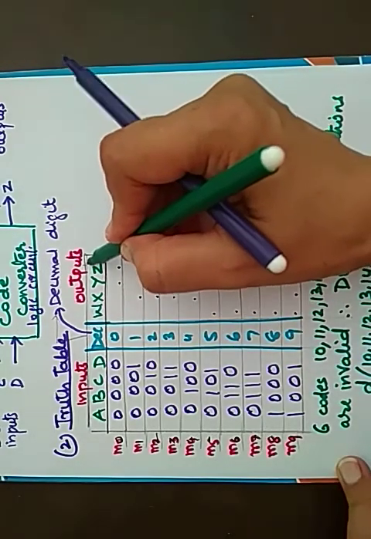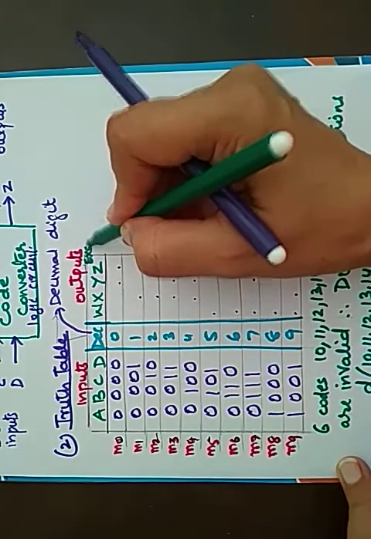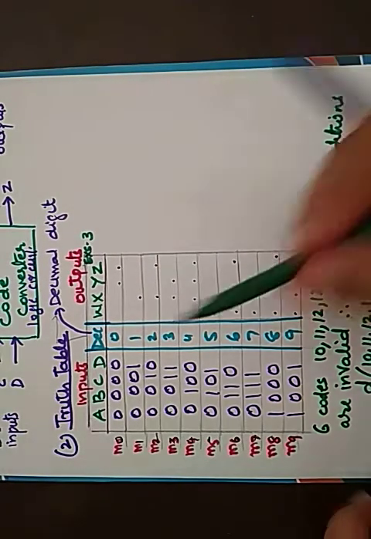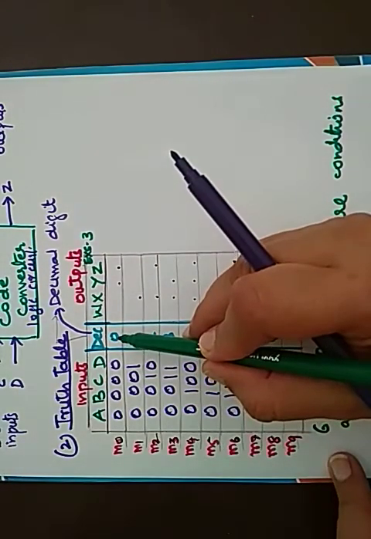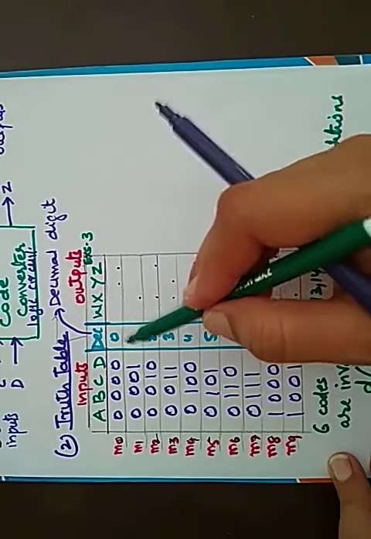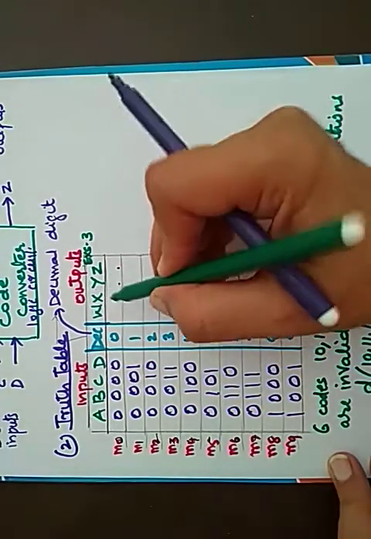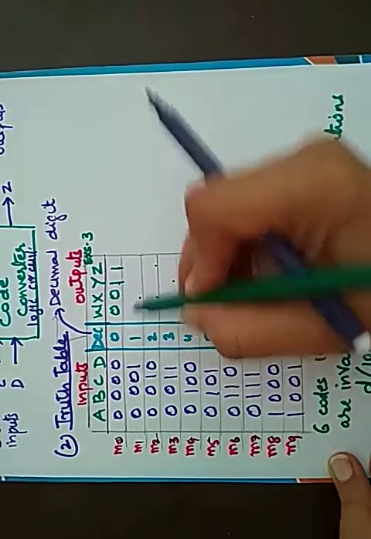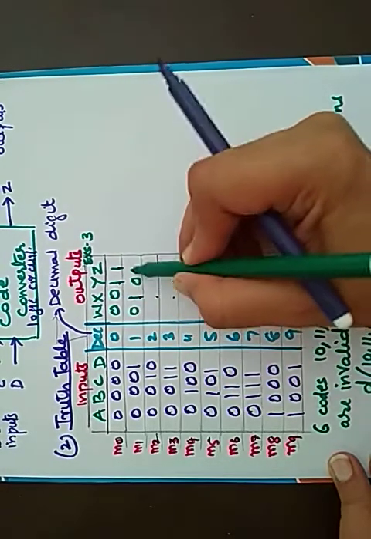Now this output is XS3. We know the rule for XS3 that if the decimal digit 0, the BCD code is 0, 0, 0, 0. It is 0 plus 3. So the code for 3, that is 0, 0, 1, 1. For 1, it is the code for 4.